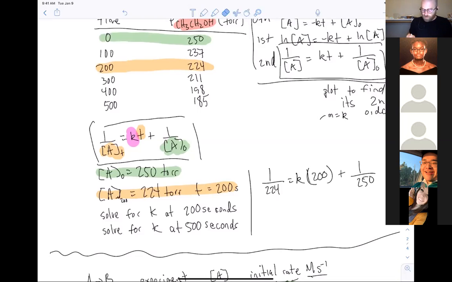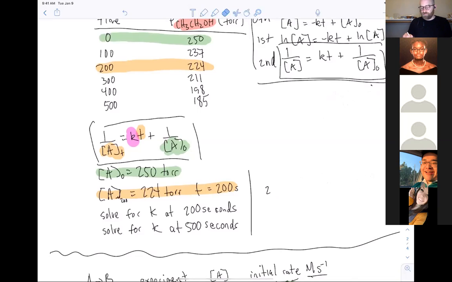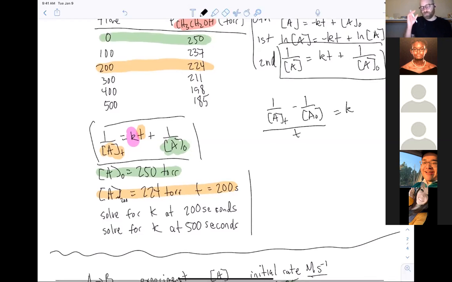Sorry, let me be more precise about this. I'm being sloppy, leaving my units off. Okay, so let's solve this equation for k: (1 over A sub t minus 1 over A sub o) divided by t equals k. So this is a solid check for figuring out the order of something. You could just solve each one for the slope and check to see if the slope is the same at multiple points. We'll figure that out real quick.